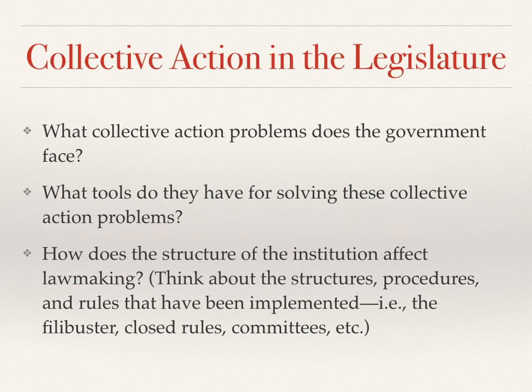Now, we know that lawmaking in the legislature is hard, right? I said it needs a simple majority, not a supermajority, but that's still not easy, especially because everything has to go through both chambers. Now, there's a lot of collective action problems in the legislature that we've talked about and that are highlighted on the slides from the 2 days on the legislature. But of course, we know things like the information costs, right?